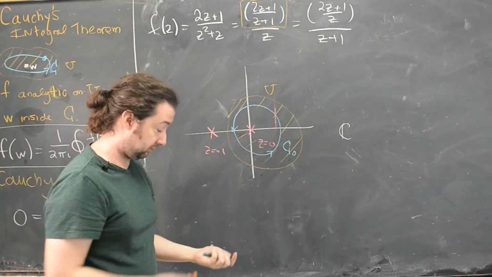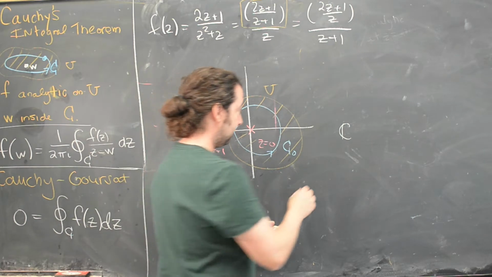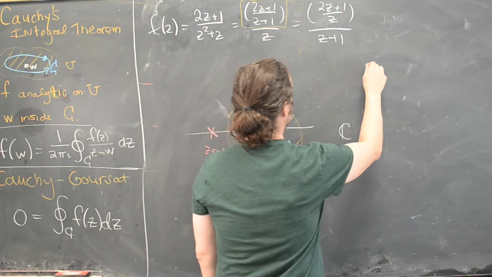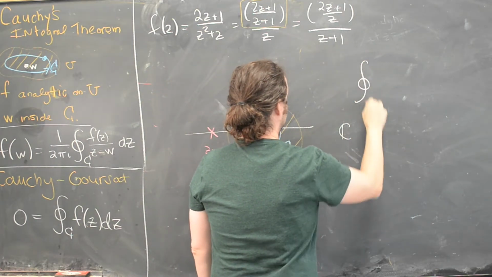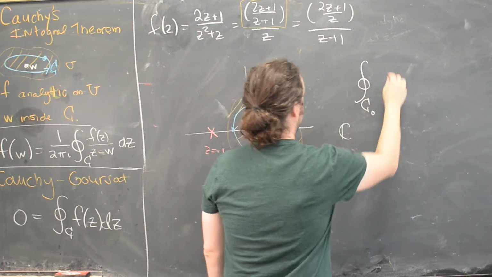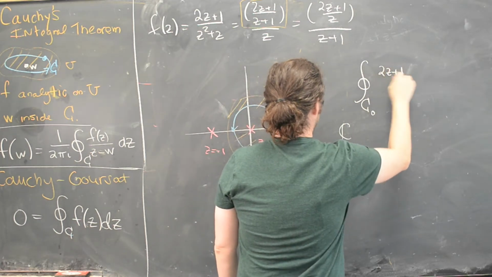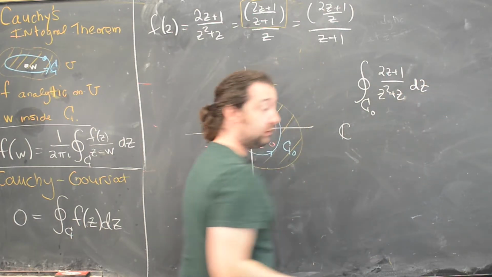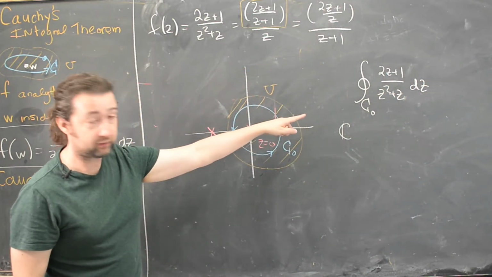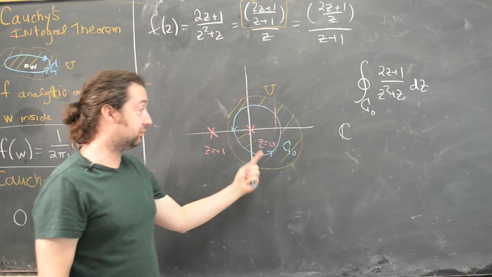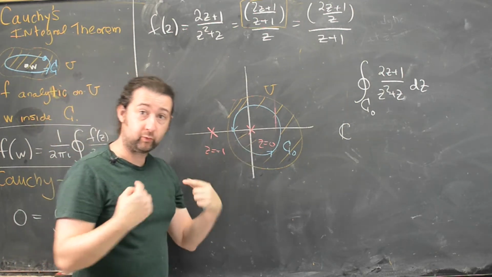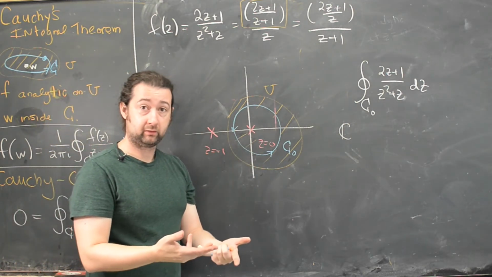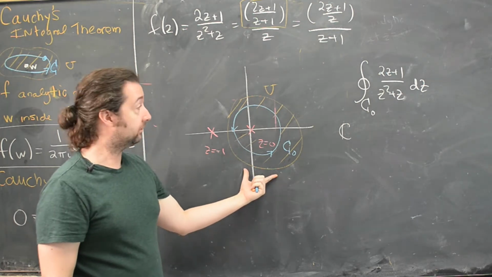Why would we do that? Because that means that if I take the integral around C0 of (2z + 1) over (z squared + z) dz, I can use the trick where I rearrange that function into a piece that absorbs the asymptote and the rest of the function, which is analytic on the domain that we've defined here.